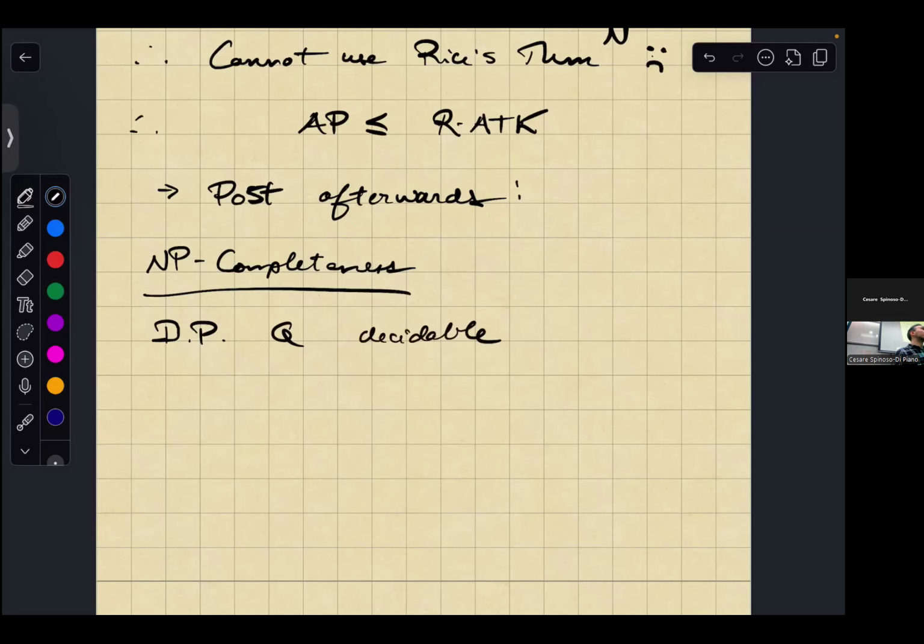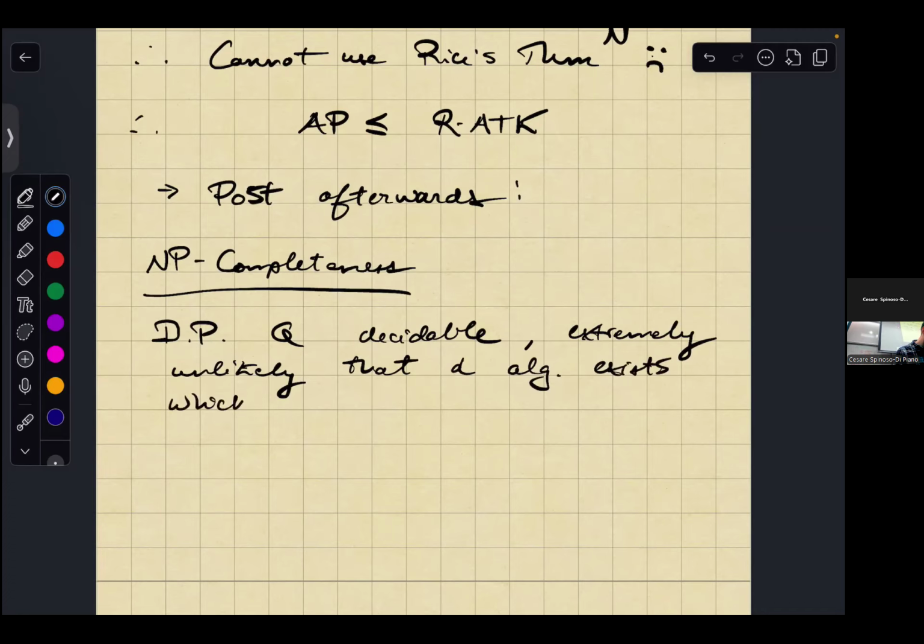So there is a Turing machine that decides it, right? But it's extremely unlikely that an algorithm exists which decides Q in polynomial time.